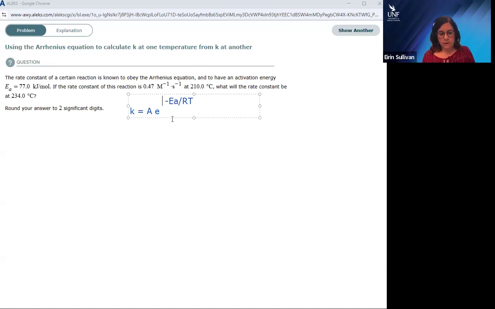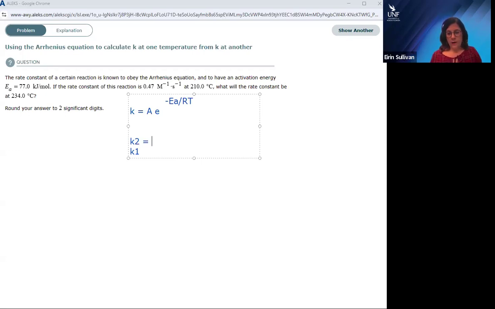So what we can do as a neat little trick is do a ratio between k2, the rate constant at temperature 2, over k1, the rate constant at the initial temperature.